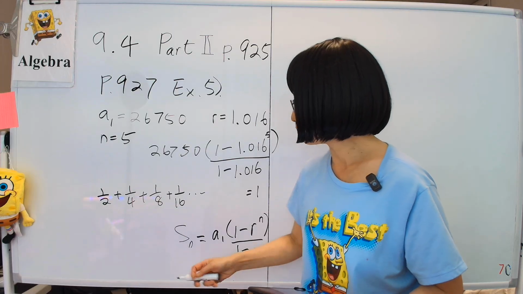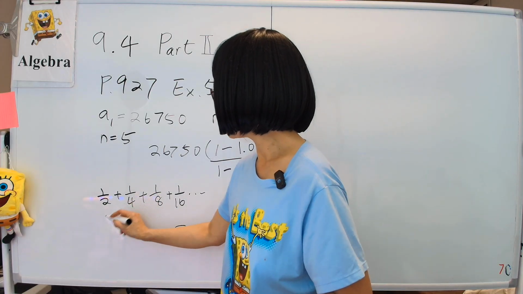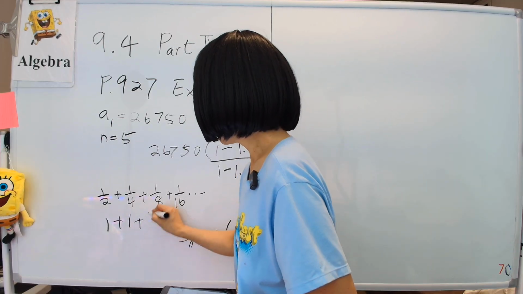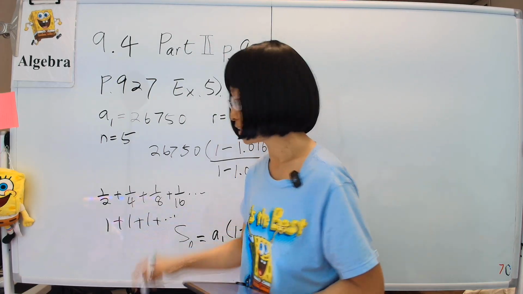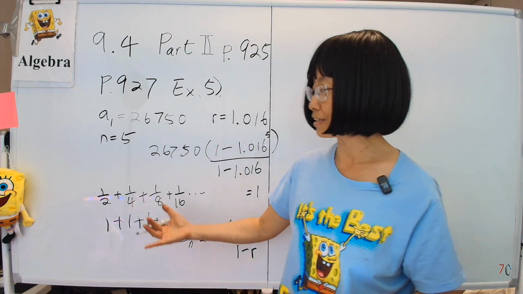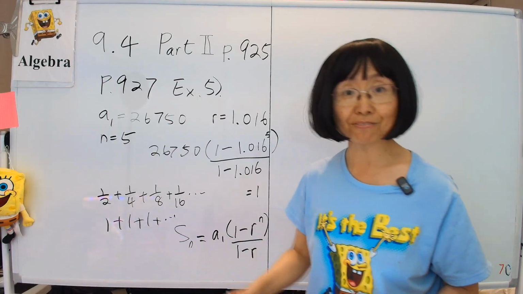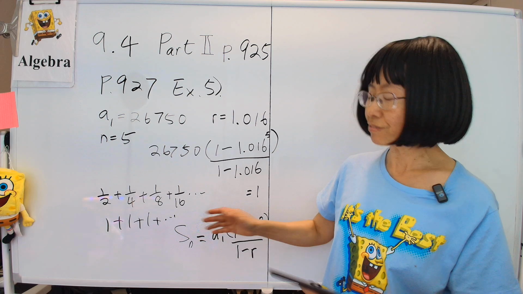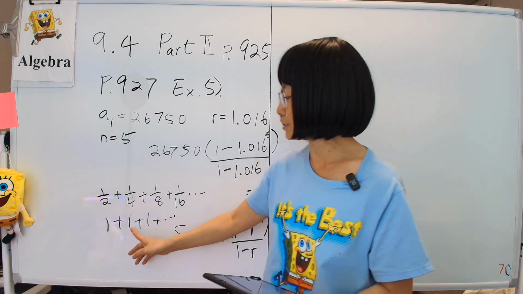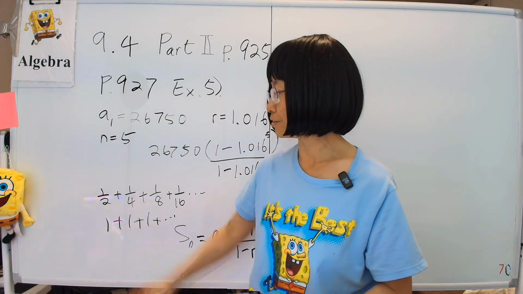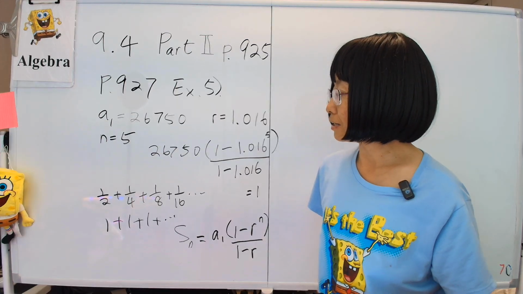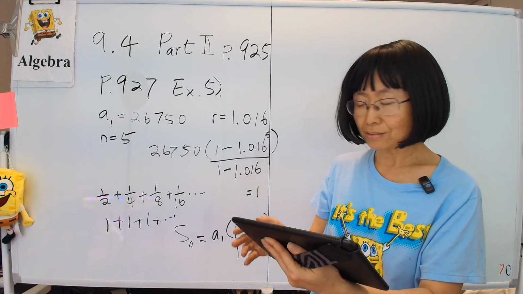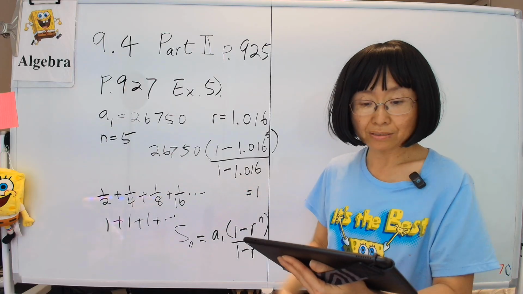For example, if we have the numbers 1 plus 1 plus 1, and we just add it forever like this, that will go to infinity. In other words, the sum is not defined because we can't define infinity. So that's the difference: in this case, the ratio is exactly 1, and at that point the sum is not defined. So the only thing you have to think about is just the ratio.